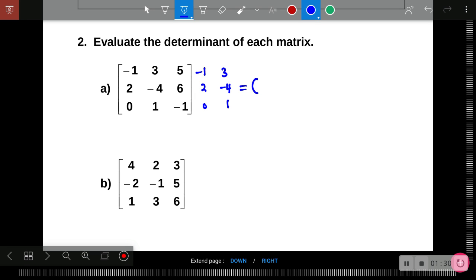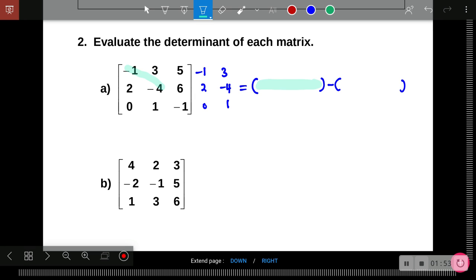You want to set up two fairly long parentheses with a minus in between them. And so far, that is actually similar to what it looked like when I did the 2 by 2 determinants. Now, what you're going to do next is calculate each of the downhill diagonals, and you're going to put those answers in the first one.